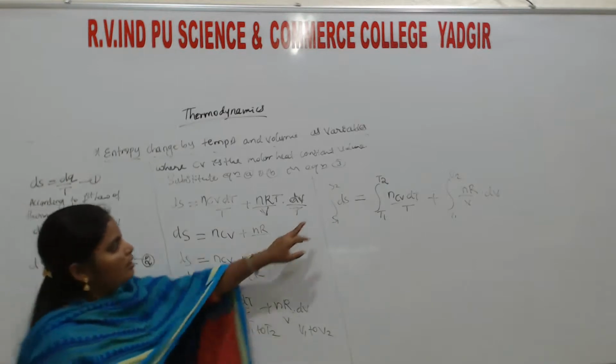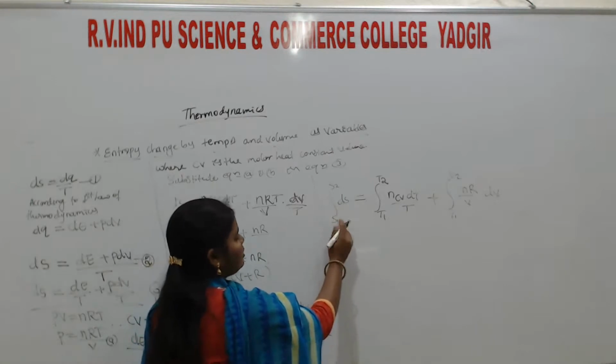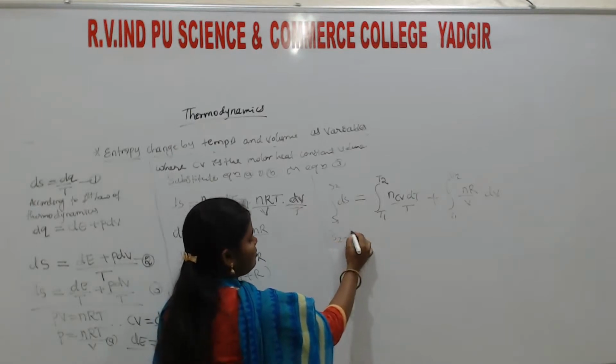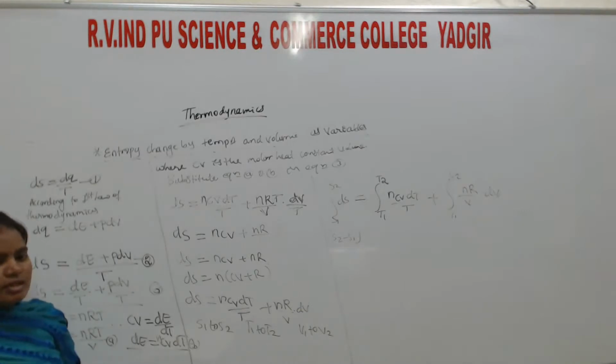You apply the limits: in place of S you get S2 minus S1, upper limit minus lower limit. Therefore S2 minus S1 equals, taking out n CV as a constant, the integral of dT by T, which gives a log of T from T1 to T2, and nR taken outside, the integral of dV by V, which gives a log of V from V1 to V2.